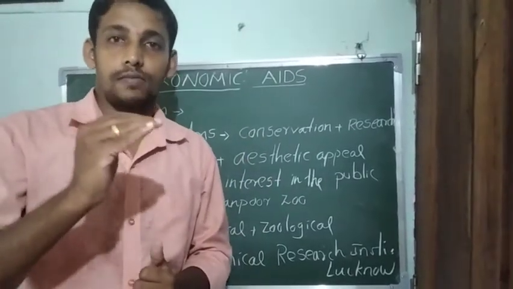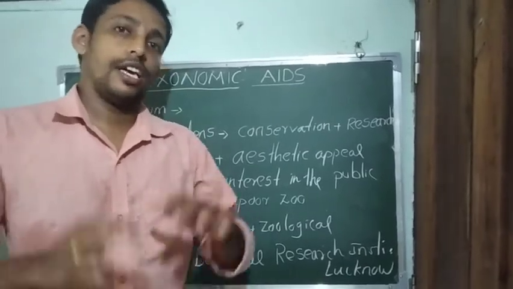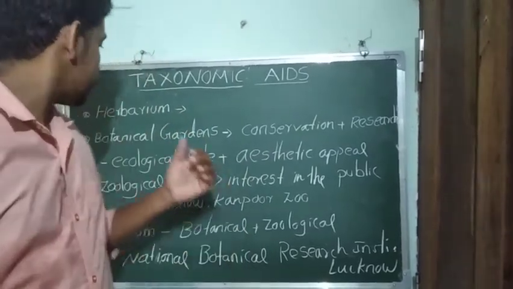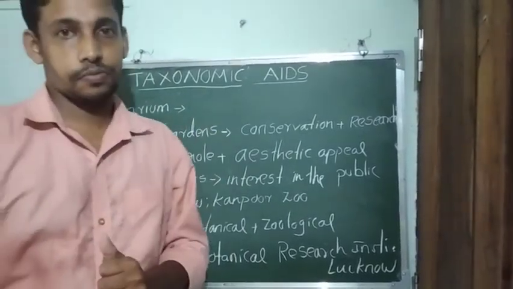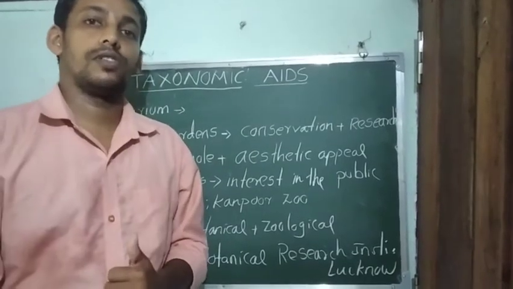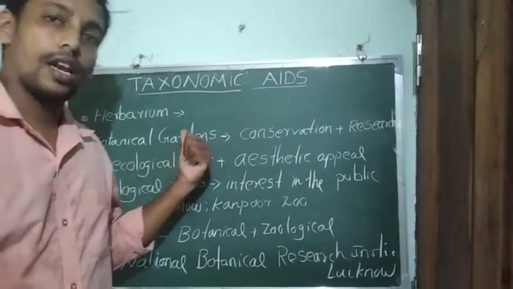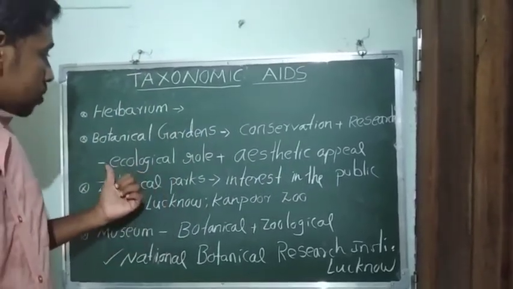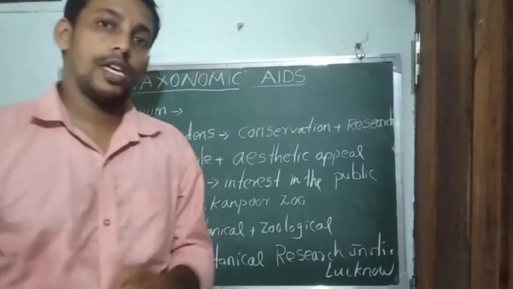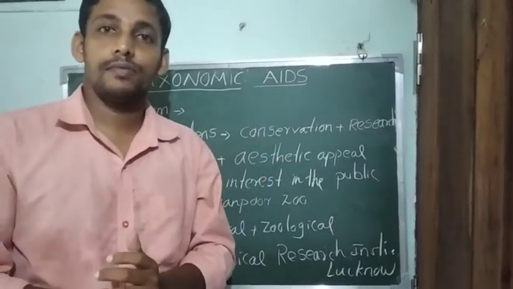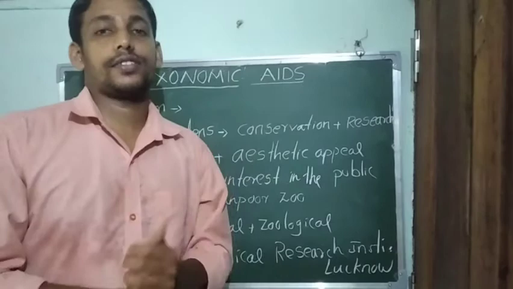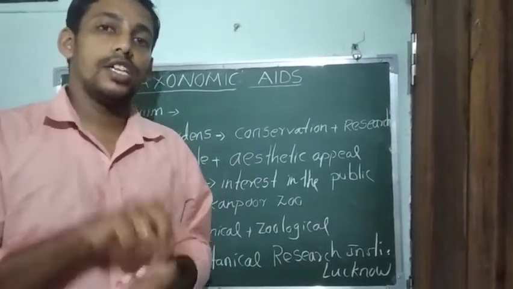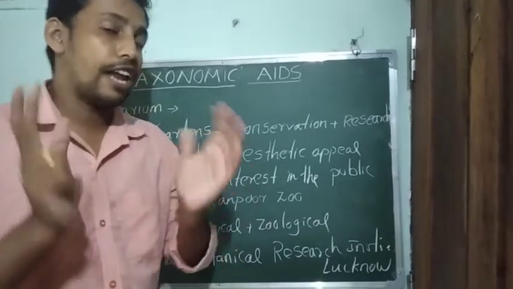Botanical gardens also provide a herbarium and a very large taxonomic library. For research purposes, we can seek the help of botanical gardens. Then they also have an ecological role. That means they can purify the air, because there is a vast number of plants, and they also provide shelter for various kinds of animals.